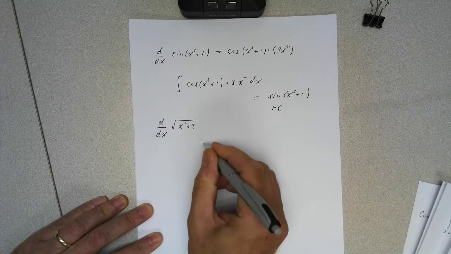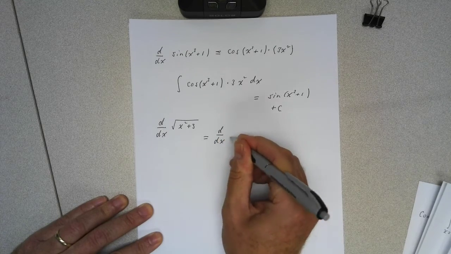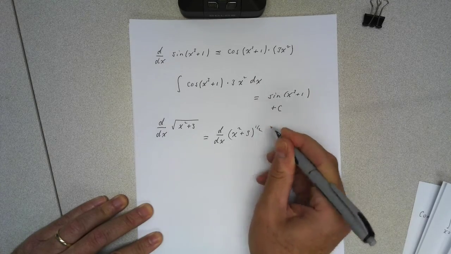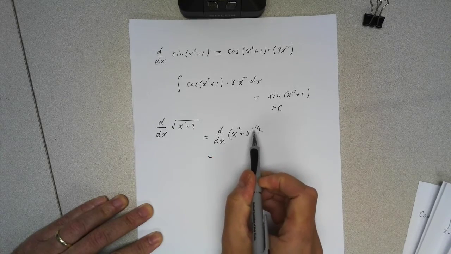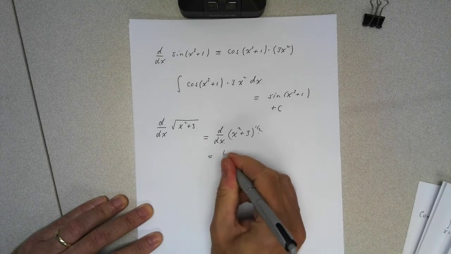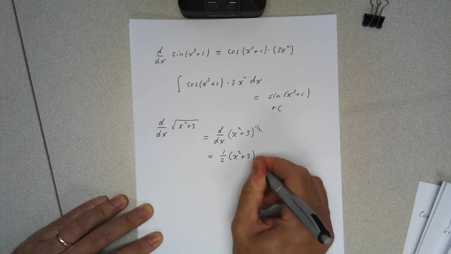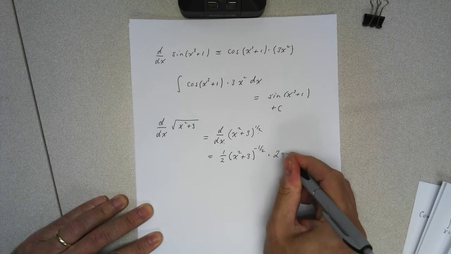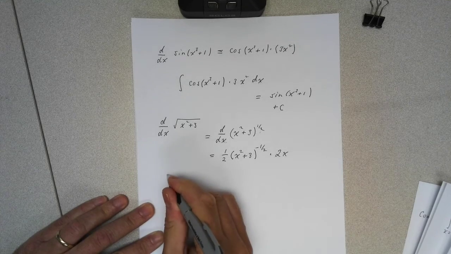Now this is a fractional exponent, so I could write this as the derivative with respect to x of x squared plus 3 to the 1/2, and using the power rule for derivatives, this would be the derivative of the square root function, evaluated at the inside function, subtract 1 from our power, and then multiply by the derivative of the inside function, which is 2x.